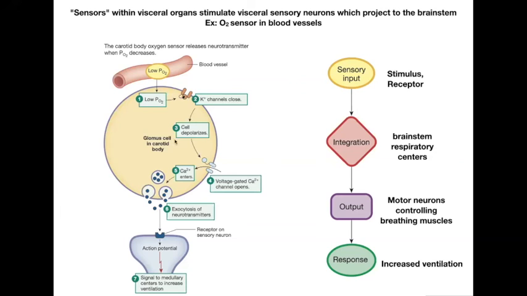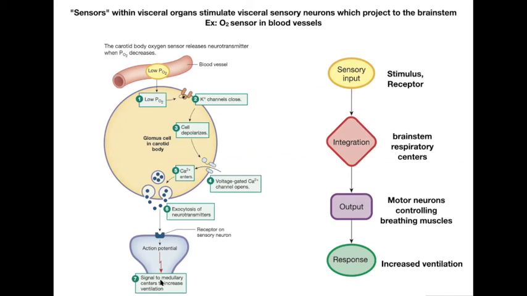And when they close, your cell depolarizes because the potassium doesn't flow out. When you get this depolarization, just like any other depolarization, it causes the voltage-gated calcium channels to open, causing a release of neurotransmitter onto the sensory neuron that's covering that area.